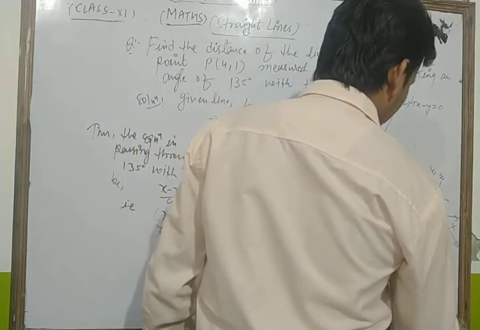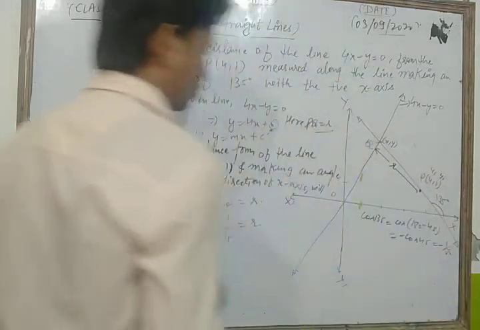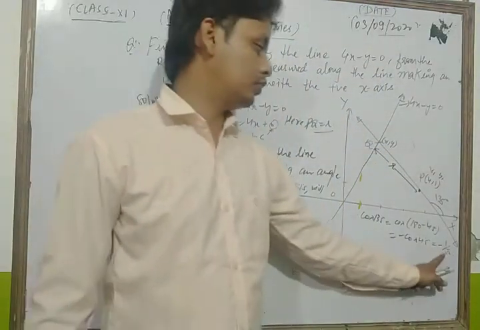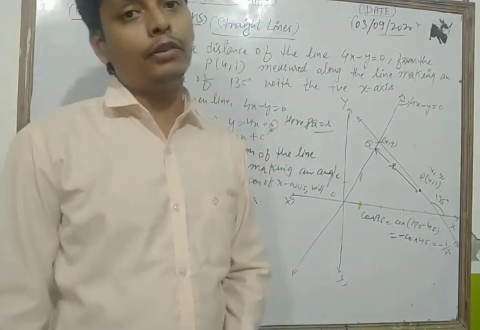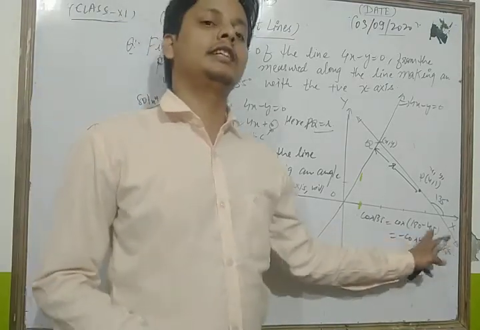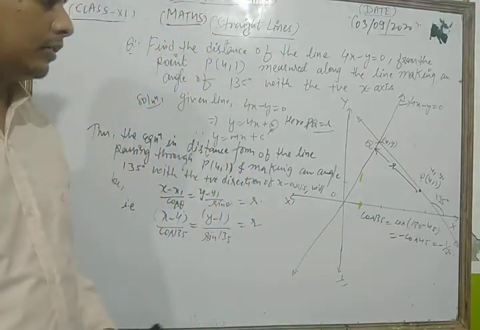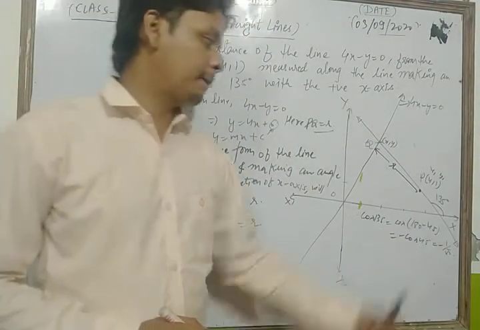So we get minus cos 45, which is minus 1 upon root 2. And the value of sin 135 is plus 1 upon root 2, because sin(180 minus theta) is plus sin theta.